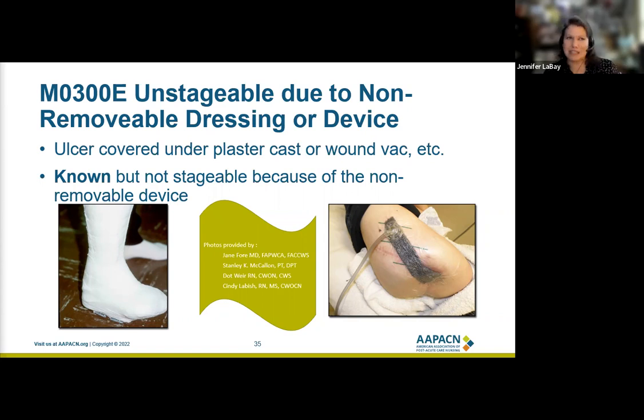No, there actually has to be documentation to say it is known that there is a pressure ulcer underneath it. We just can't stage it because of that non-removable dressing or device. So you cannot capture this unless you truly have documentation to prove there is a pressure ulcer or injury underneath that device.